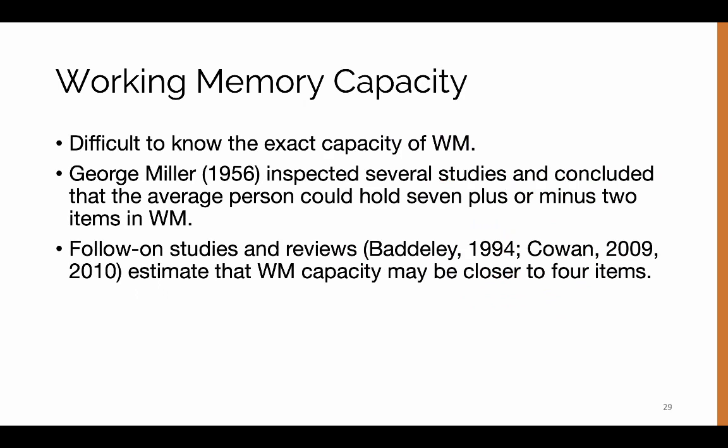So as I mentioned, working memory has both a small capacity, that is, it can only hold a little bit of information at a time, and a pretty small duration. That is, the information that's in there only sticks around a little bit of time.